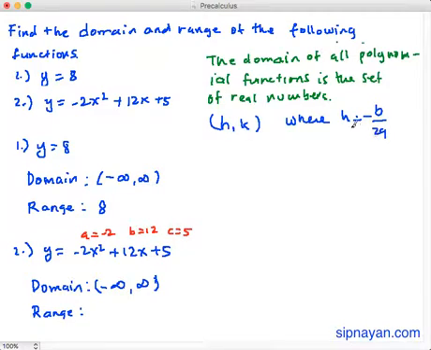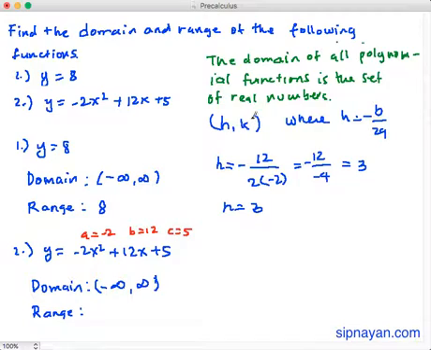So, para makuha yung h, we just have to substitute b and 2a dito sa equation. So, h equals negative 12 over 2 times negative 2, so negative 12 over negative 4. Pareho negative, so magiging positive siya. Our h is equal to 3.